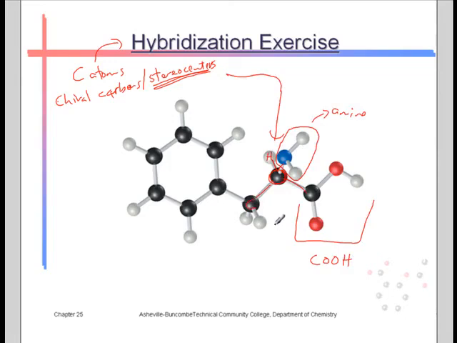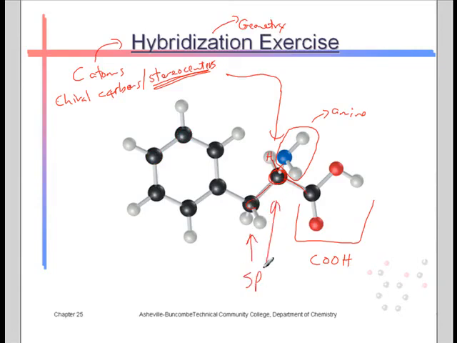Now in terms of hybridization, remember hybridization is dependent upon the geometry. Let me do in red, well, maybe that's not. Let me change that. In red, let's do the sp3 hybridized carbons, which are these two here.